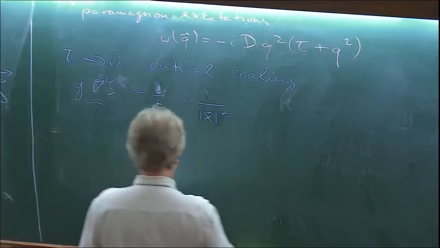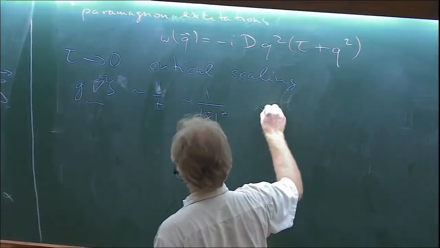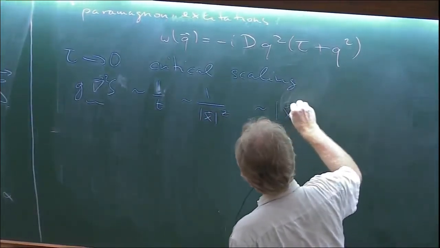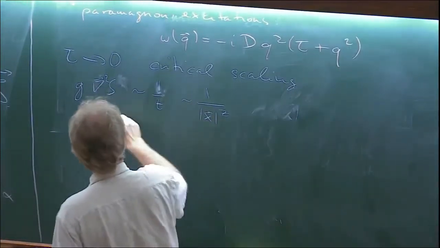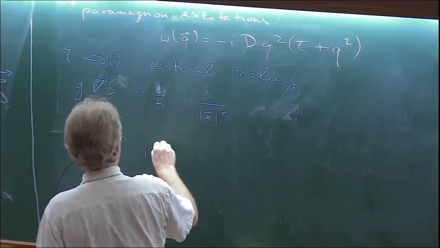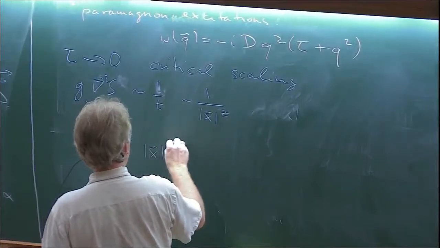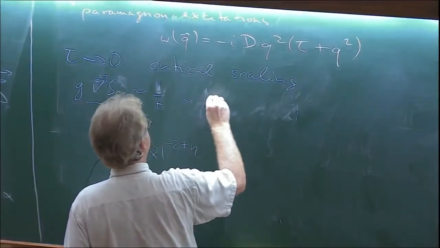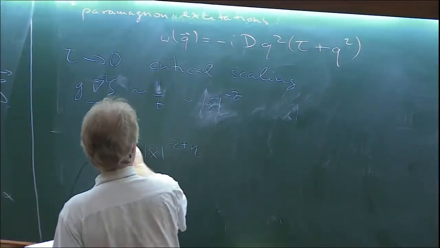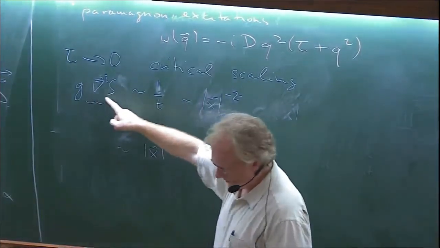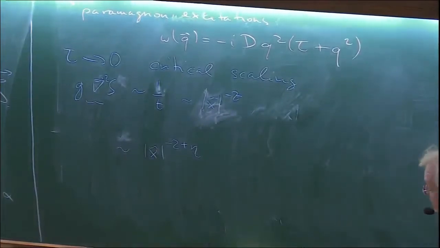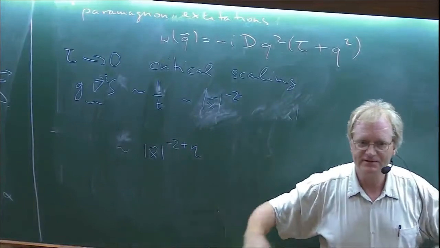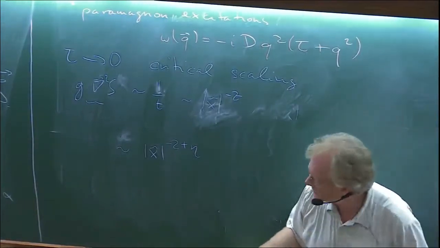And so in X space, 1 over X should scale as X to the minus 2 plus eta. So that's the Laplacian here.